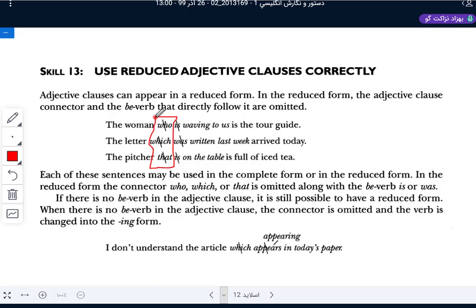You remember last session we talked about adjectival clauses which were actually made by relative adverbs. So here, these are pronouns. Pro means instead of a noun, but a relative adverb requires a noun immediately after it.